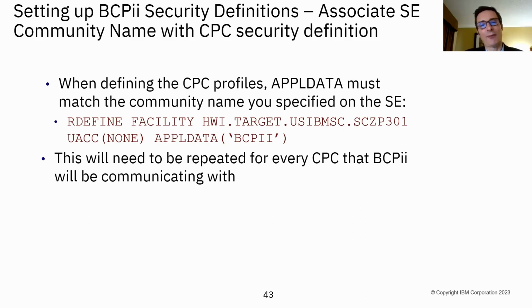This is an example of a RACF command that would allow me to add the community name in the RACF definition, so that when BCPii communicates to that particular support element, it has the correct handshake, so it knows that I have the password to get into that CPC.